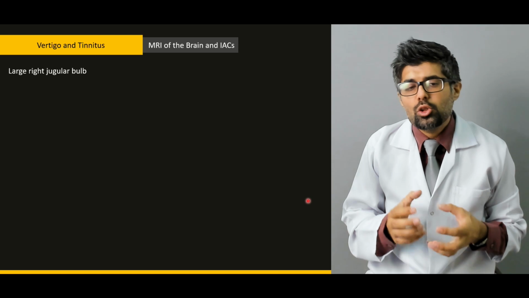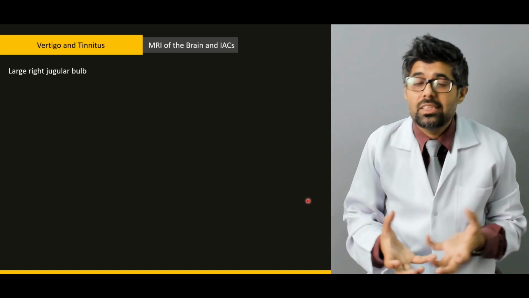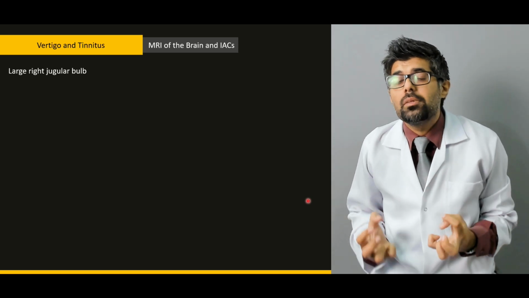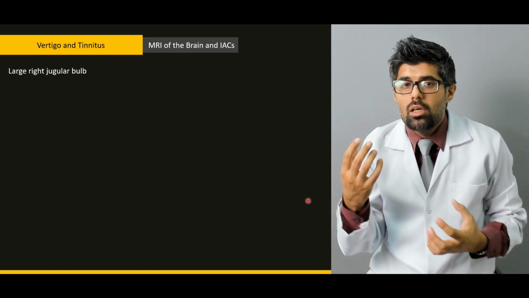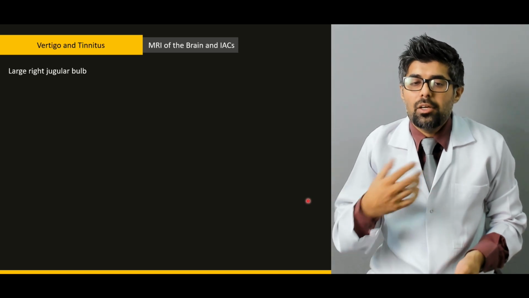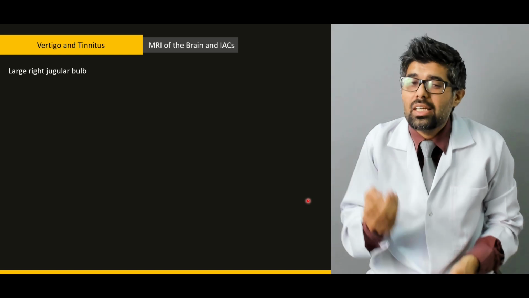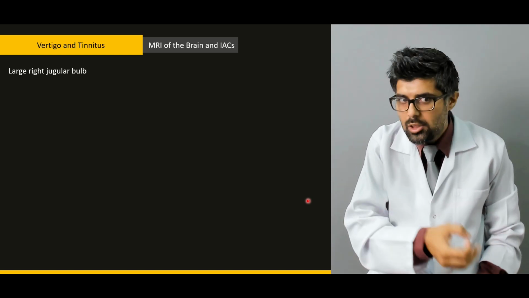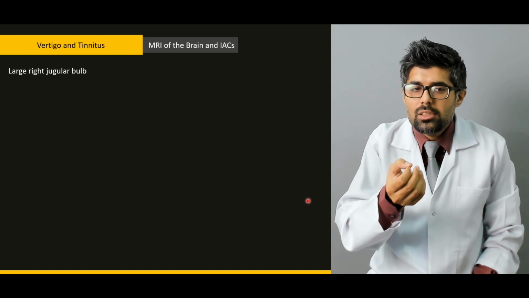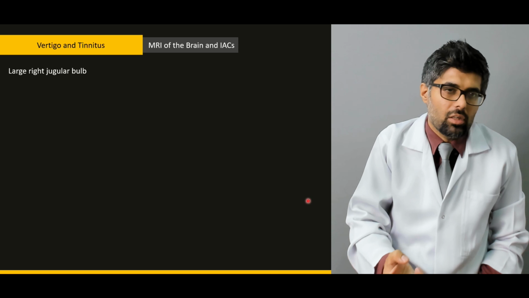One of the most common causes of both vertigo, where the patient experiences the world collapsing and rotating around him, and tinnitus, where the patient experiences a ringing sound in his or her ears, is compression of the internal auditory canals.